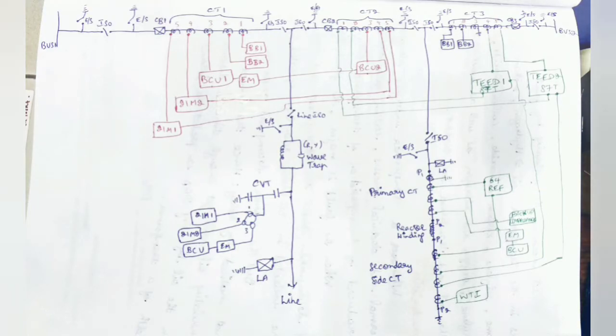Then 21M1 and 21M2 indicate the distance relays of the line. Two distance relays are used, so I mentioned them as M1 and M2 separately, and they are connected in parallel with the tie bay CTs, so that the whole protection can be taken by these connections.